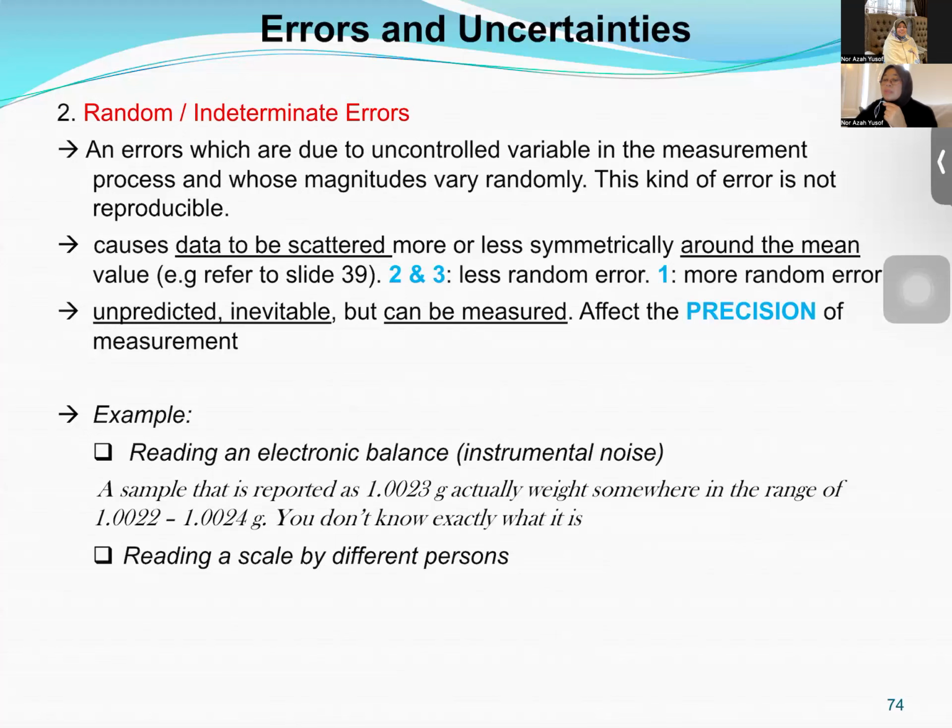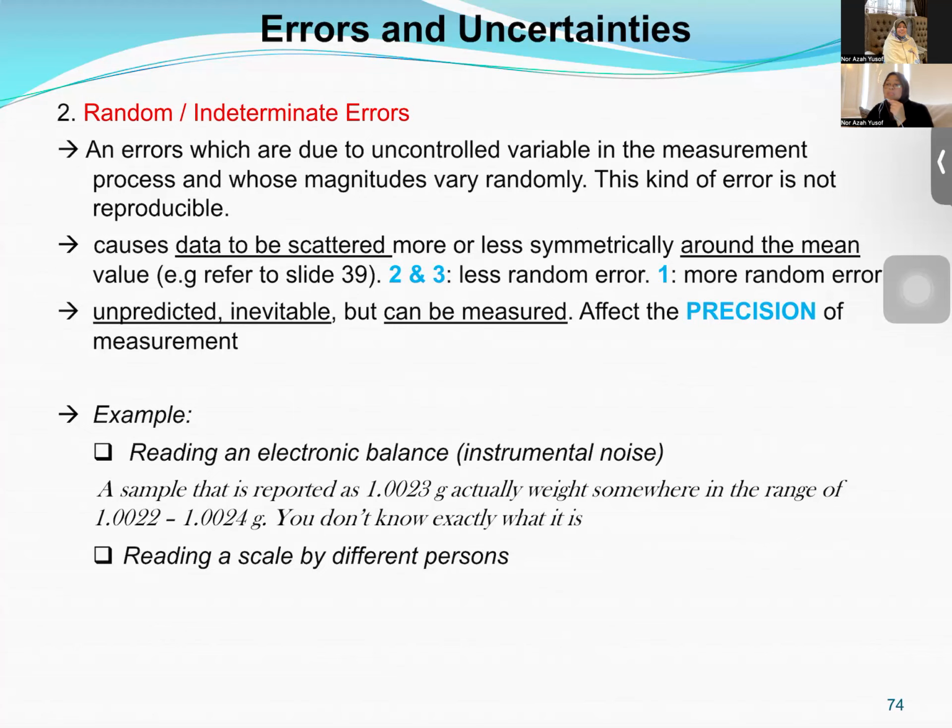All right, so the next error. Those we just discussed are what we call systematic or determinate errors, and you can avoid them, you can trace them. But the second one, indeterminate errors or random errors, is uncontrolled.